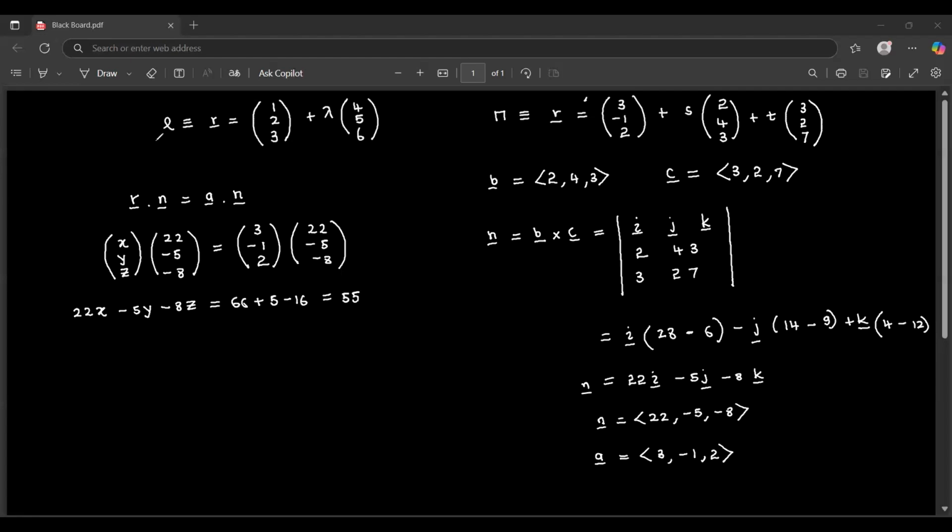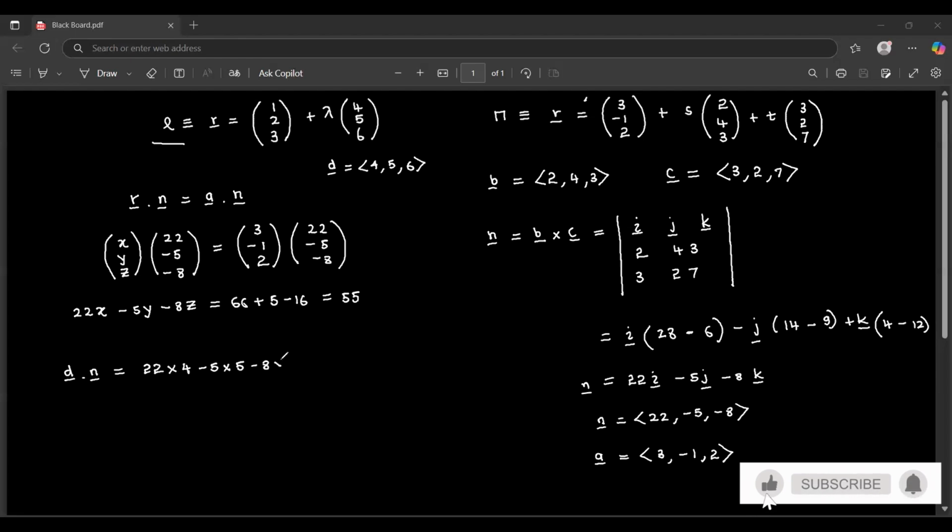Now we have to come up with the parametric equations to find the intersection point. Before we find that, first of all, let's check whether the line is parallel to the given plane. Let's say this is equal to D, so D is given as 4, 5, and 6. D dot N will be equal to 22 into 4 minus 5 into 5 minus 8 into 6.